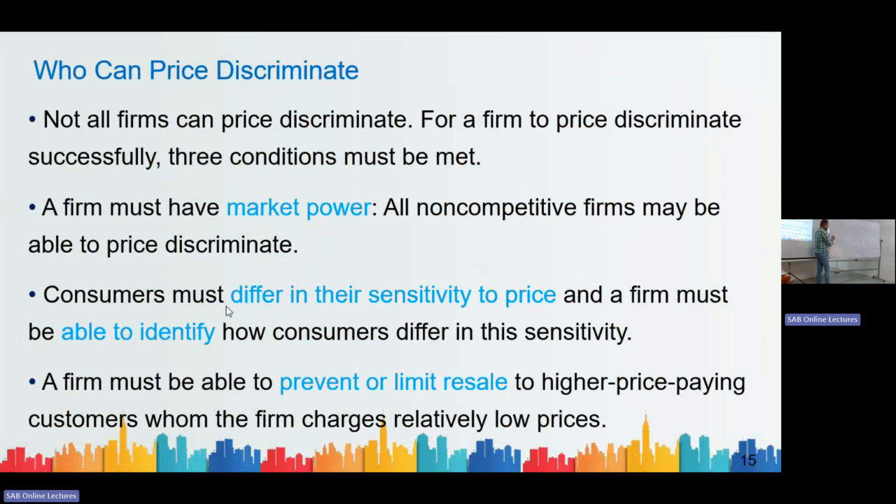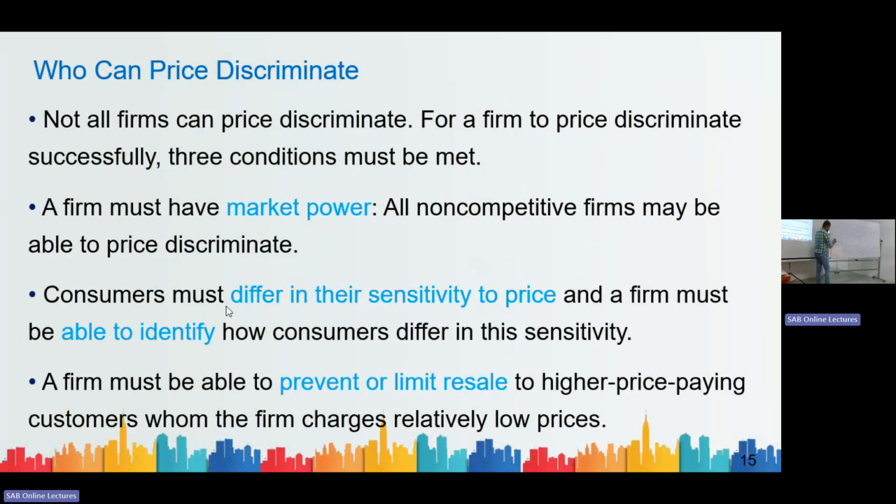No. If someone who is an outsider to the firm does this to earn some profit, the price discrimination will not be successful.